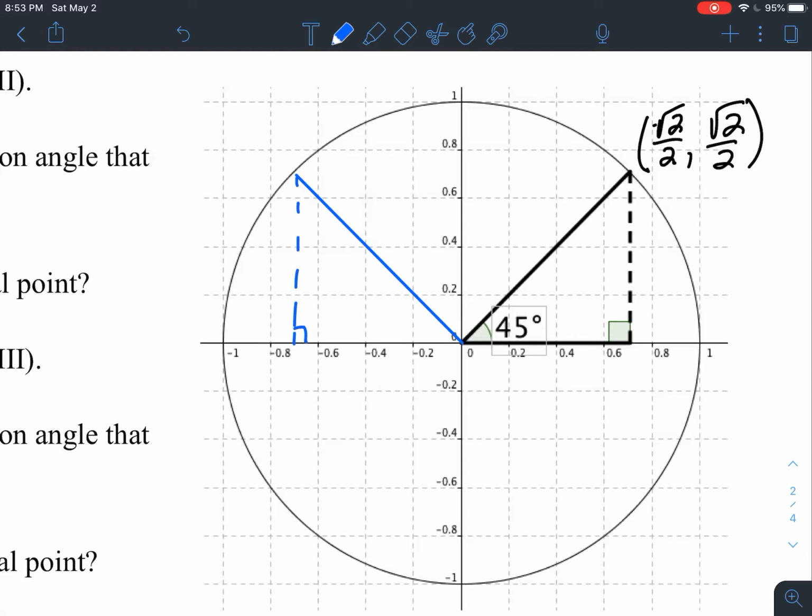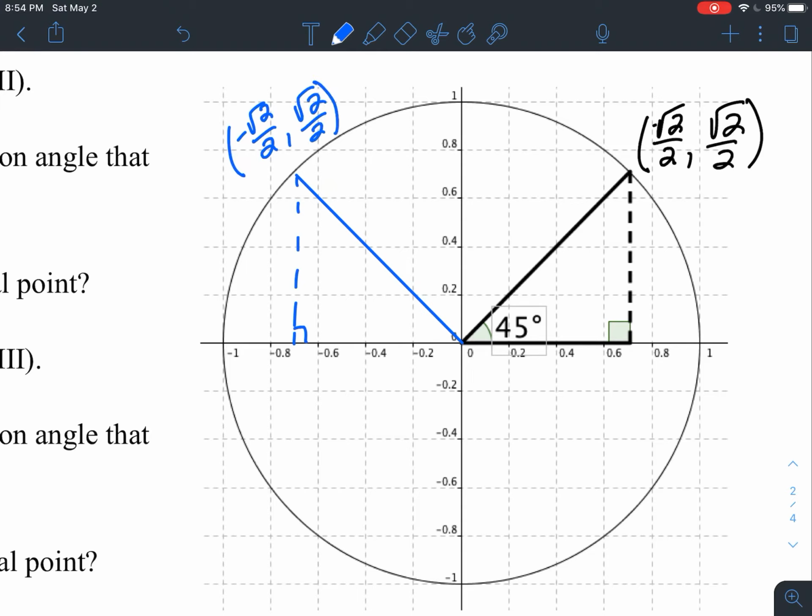If I'm reflecting over the y-axis, I still have a height of the square root of 2 over 2, so my y value stays the same. But my x value flips signs. So the coordinate of this angle is negative square root of 2 over 2, comma, the square root of 2 over 2.